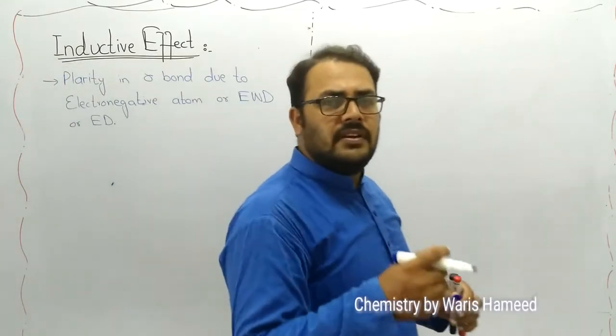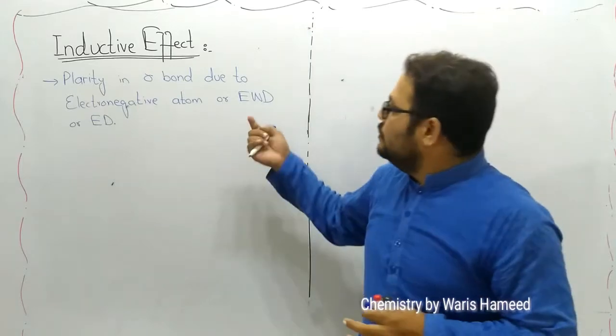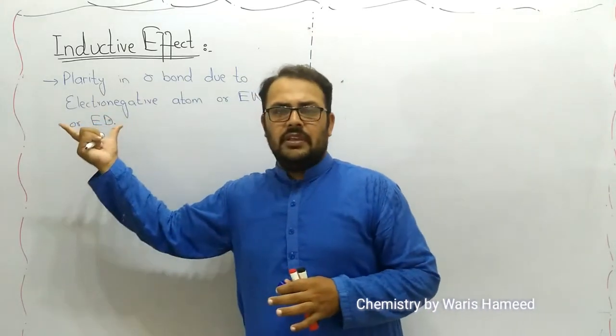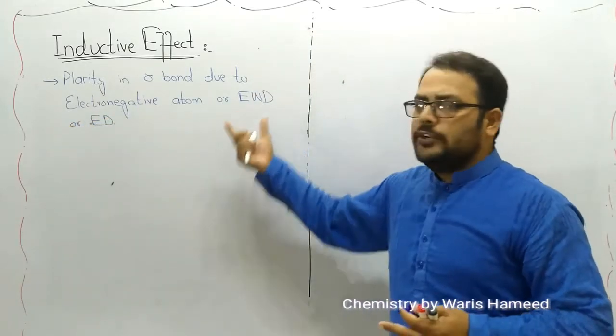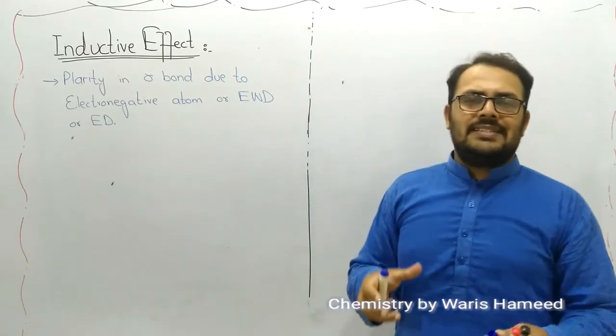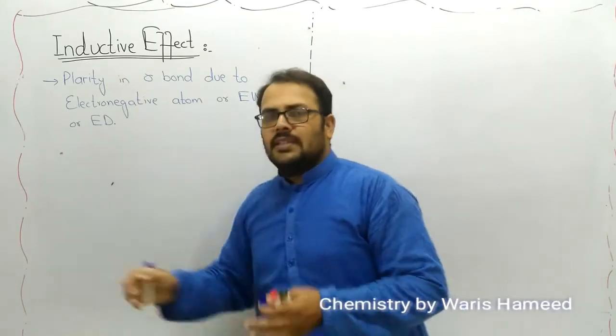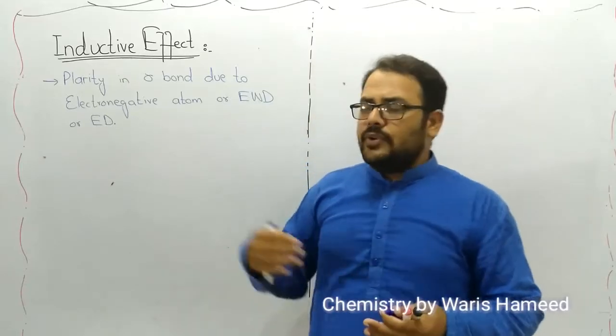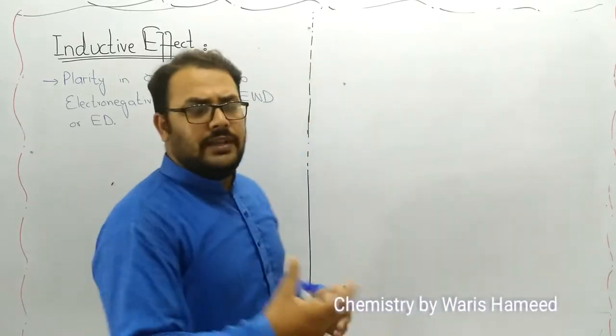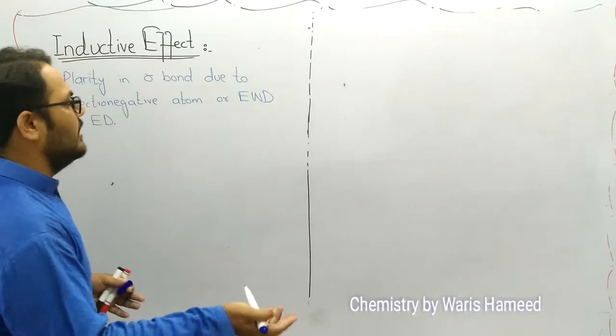Actually, inductive effect is caused due to difference in electronegativity or any group which has the ability to withdraw electronic density, or any group that can push or donate electronic density toward any chain or carbon or any other atom.